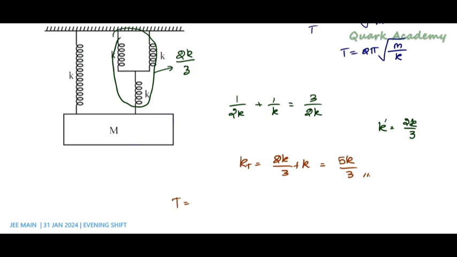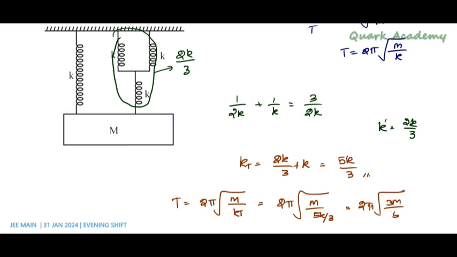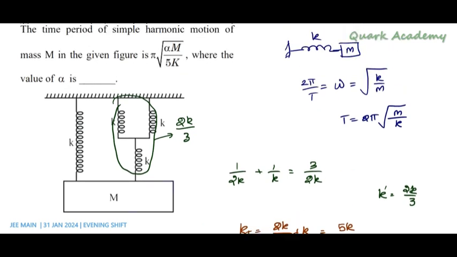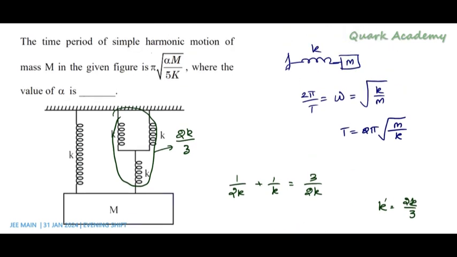Now time period, let's write T equal to 2 pi root of m by k total, which is 2 pi root of m by 5k by 3, which is equal to 2 pi root of 3m by 5k. In the question they have written pi into root of alpha m by 5k.